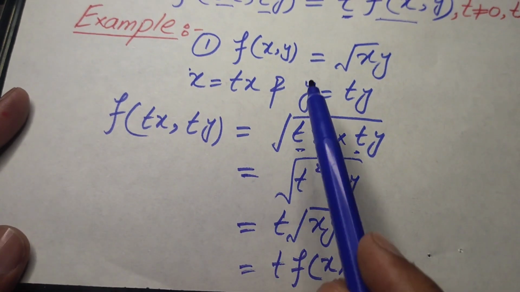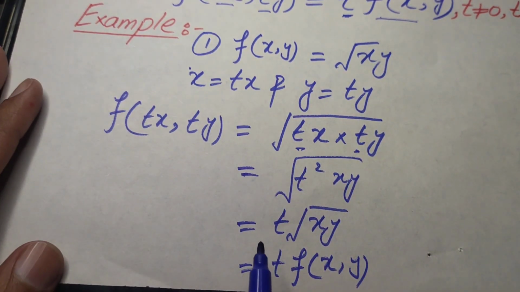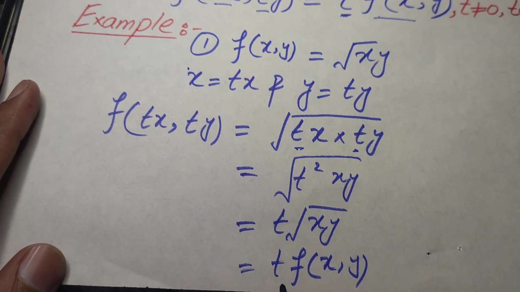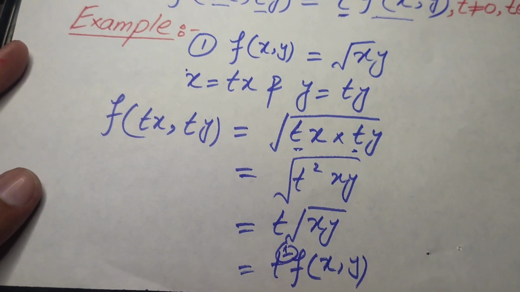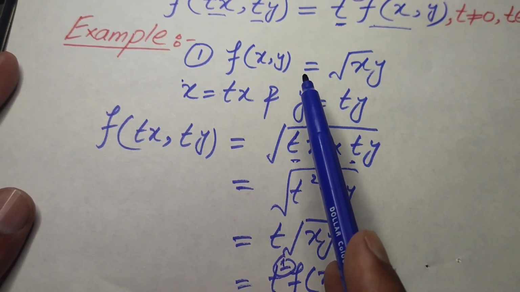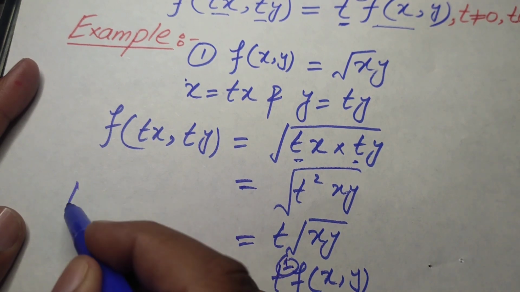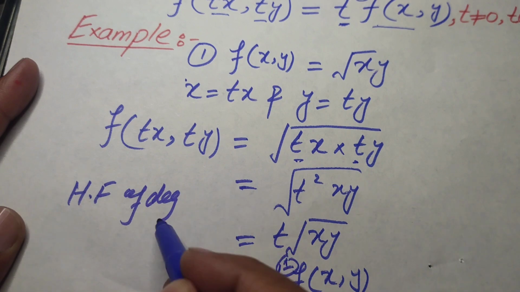So when we replace x and y by tx and ty, we get t times the given function f(x, y). And here we can check that the power of t is 1, so we can say that this function is homogeneous of degree 1. Here you just write it as: it is a homogeneous function of degree 1.